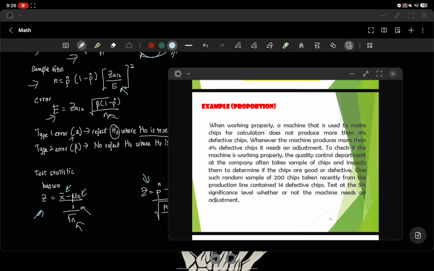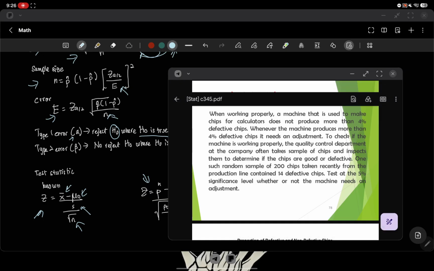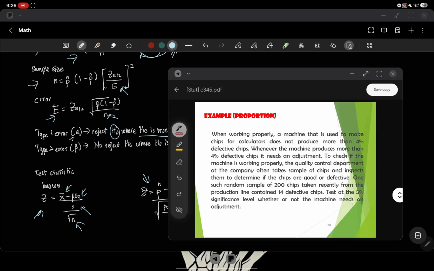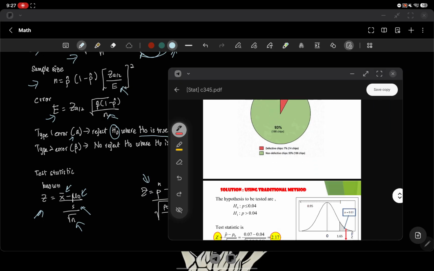Significance level and confidence level are different. Significance level is alpha, so 5% means 0.05, while confidence level is the percentage level. So these are two different things.